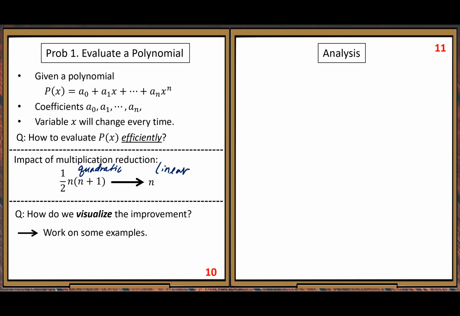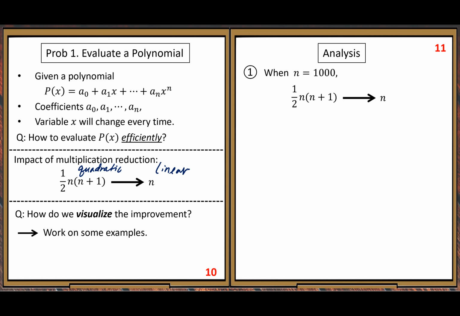All right, let's do some experiments. First experiment: let us consider the polynomial degree n equals 1,000. That's pretty big, right? We compare these two formulas, before reduction and after reduction.